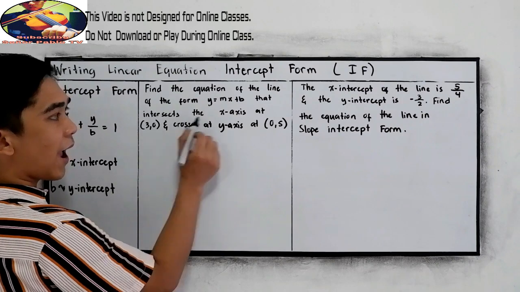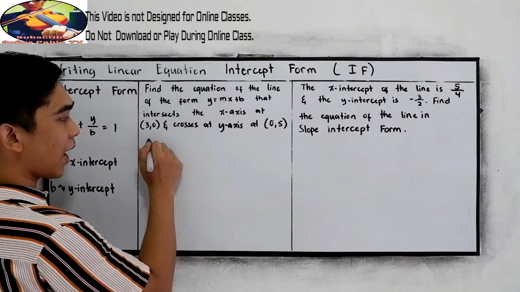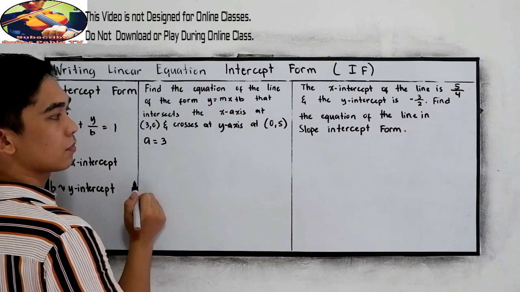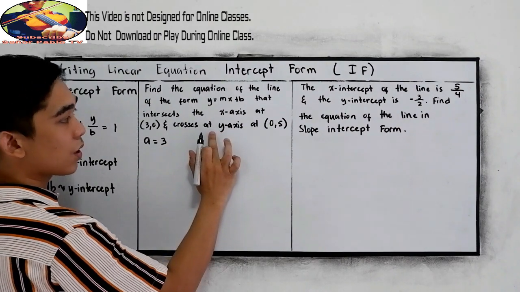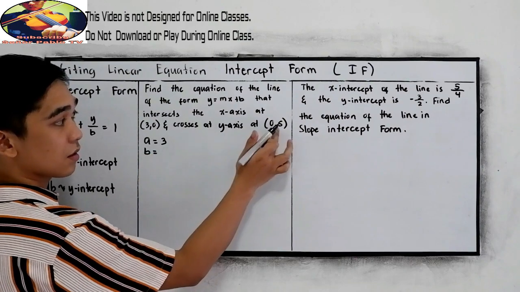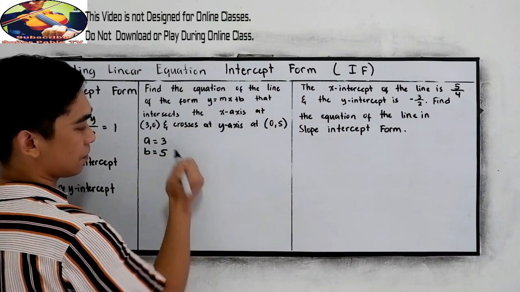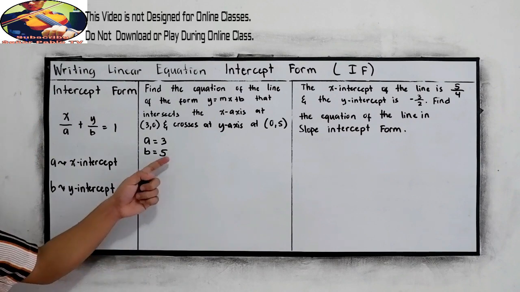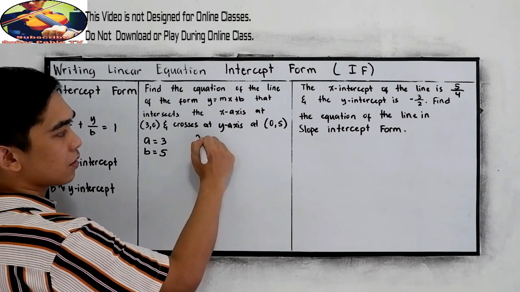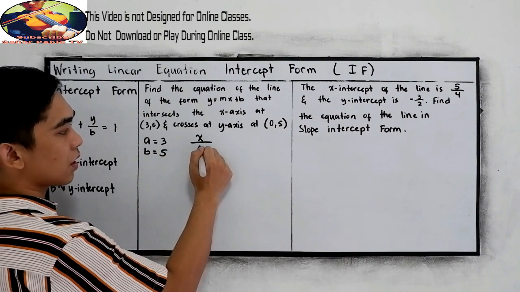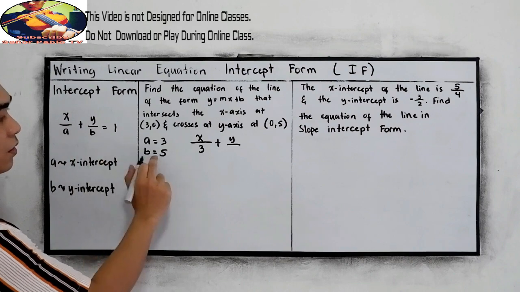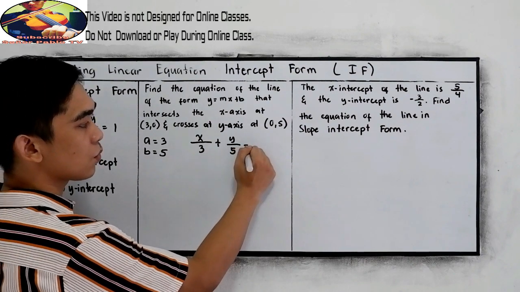So here our x-intercept, or the a, is 3 and our y-intercept is 5. Following our equation, let us substitute: x over 3 plus y over 5 is equal to 1.